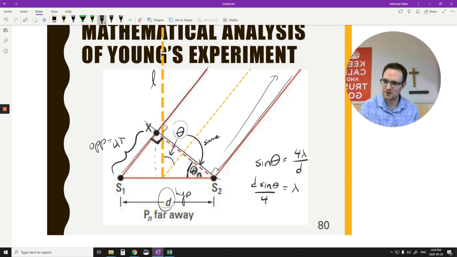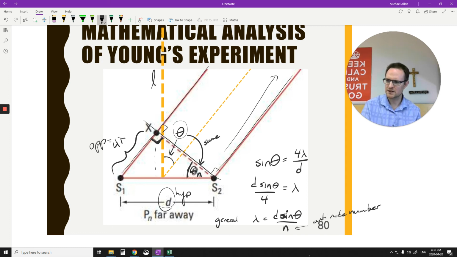But in the more general case, the formula is going to be lambda equals D sine theta over n, where n is the node, or the antinode, sorry, is the antinode number. Cool.